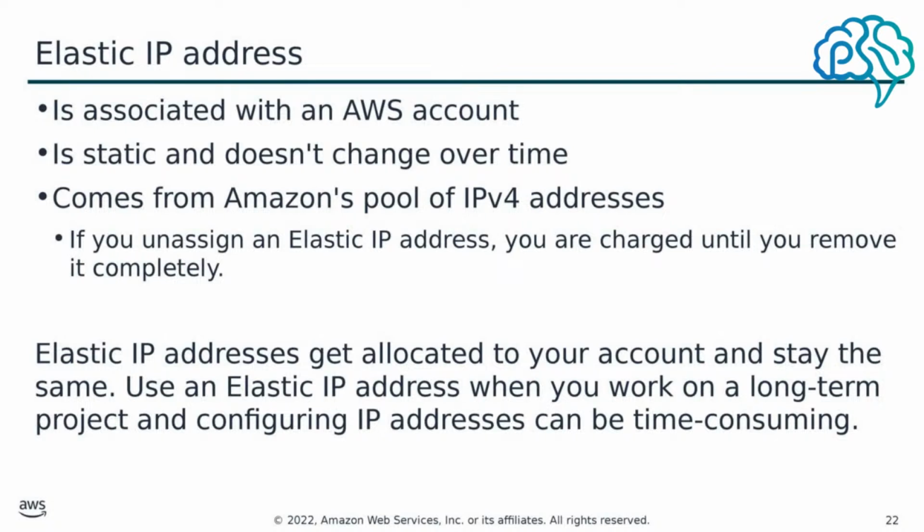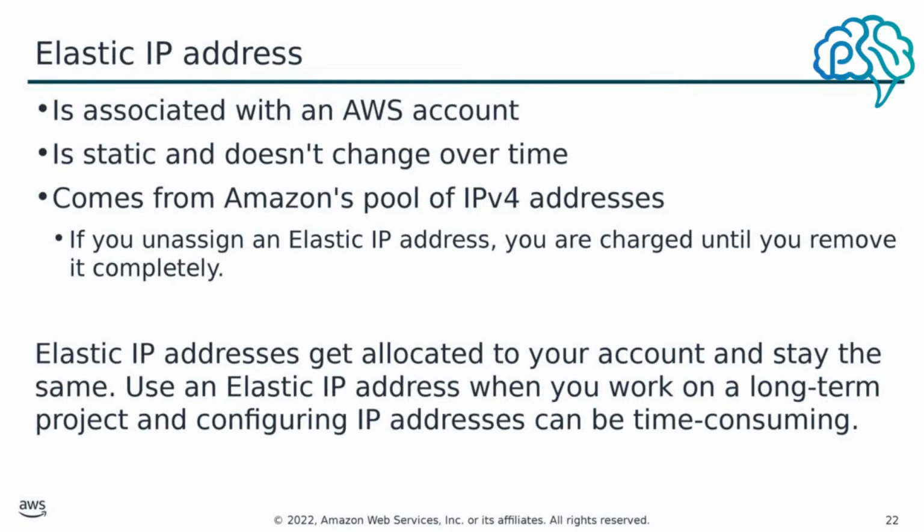So if your instance doesn't have a public IPv4 address, you can associate an elastic IP address with your instance to enable communication with the internet. Let's say you want to connect to it from your local laptop. The elastic IP address is static, and it's not going to change over time.